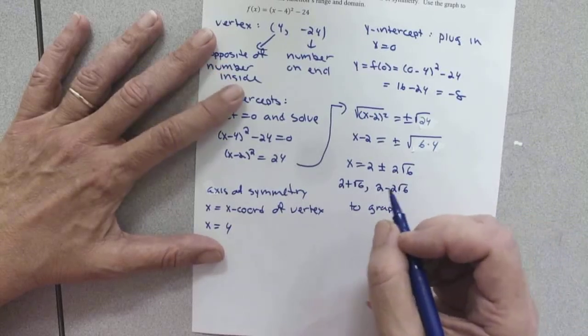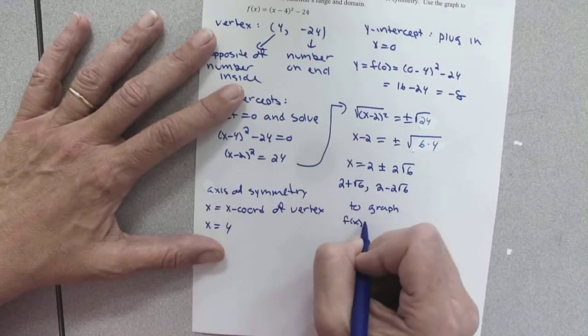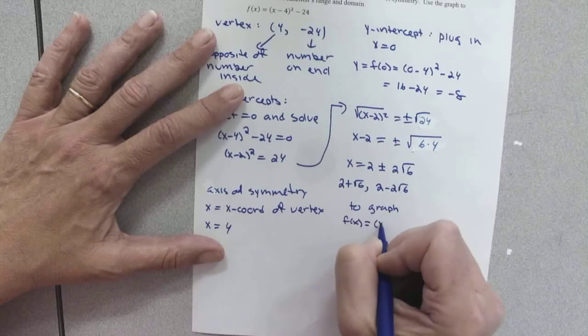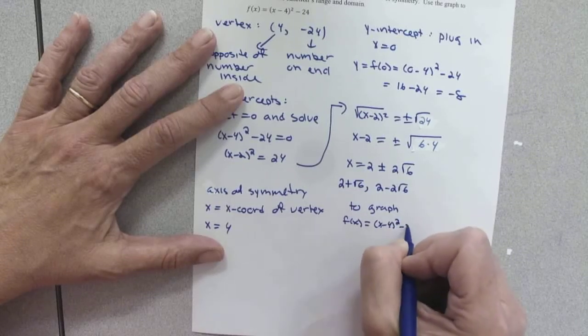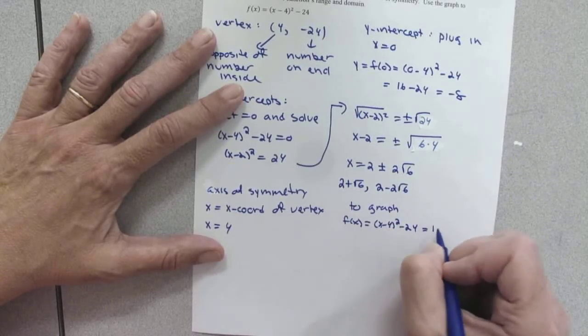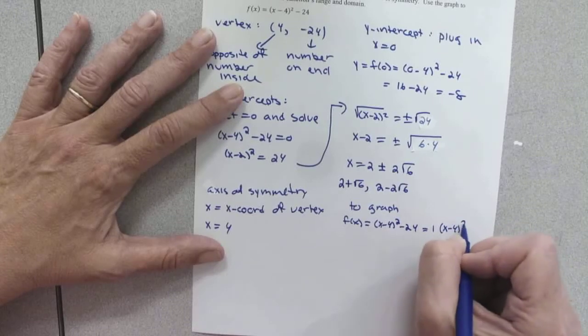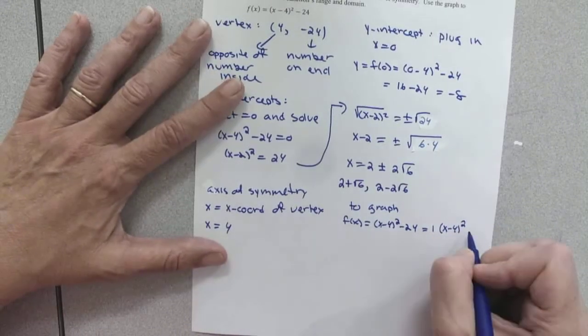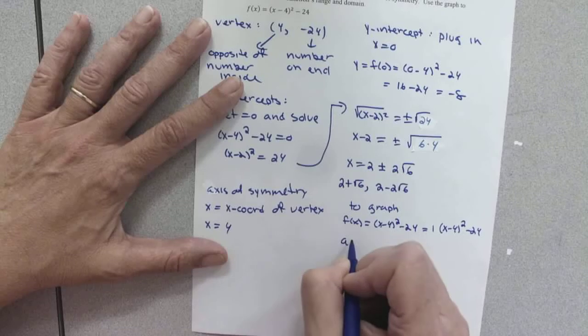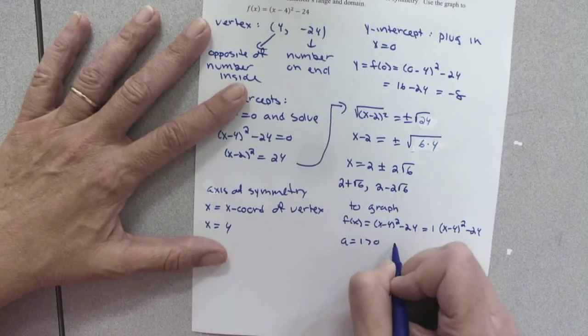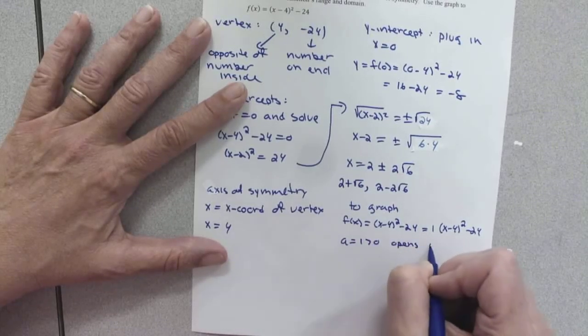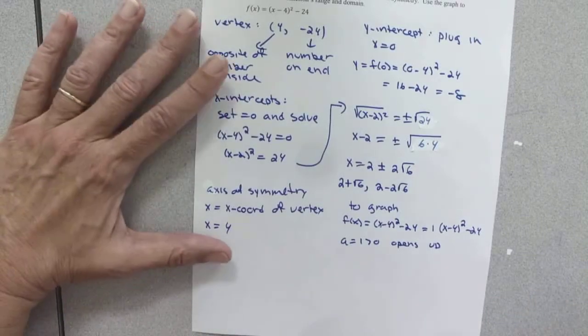To graph, we have f of x equals x minus 4 quantity squared minus 24, or very specifically 1 times x minus 4 quantity squared minus 24. A is 1, that's greater than 0, so it opens up.